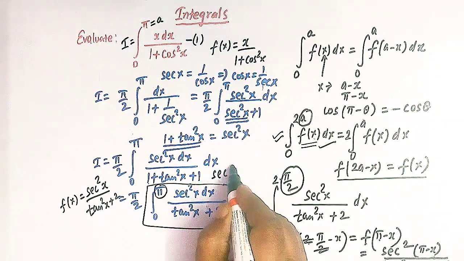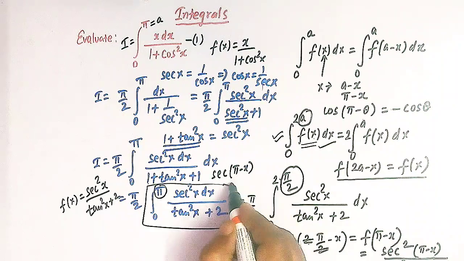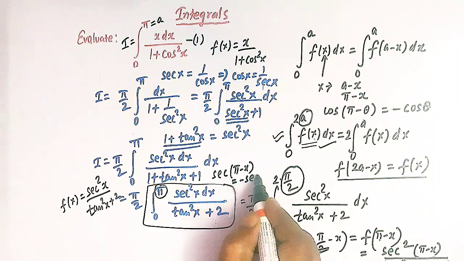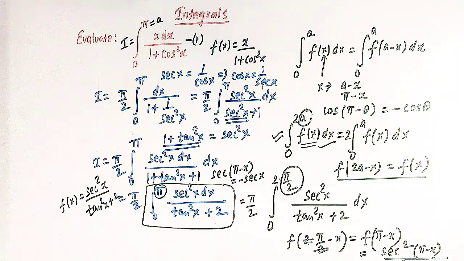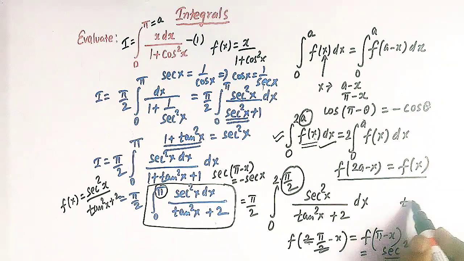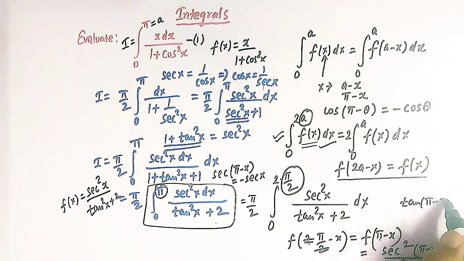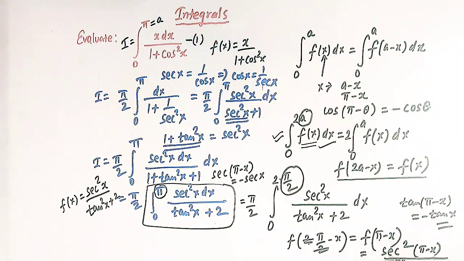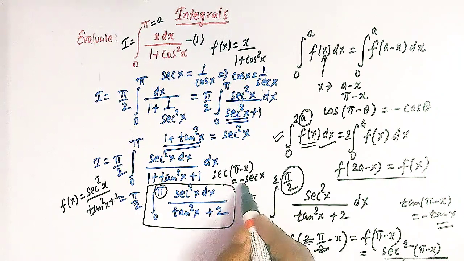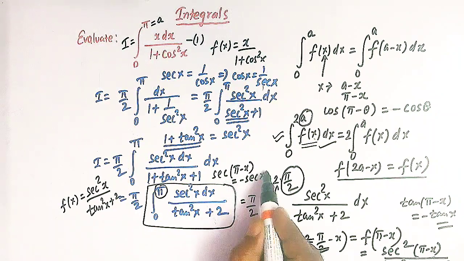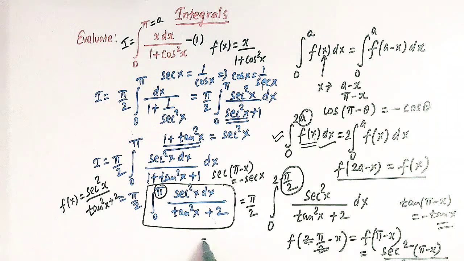Now we know that secant of pi minus x is given by negative of secant x, and similarly tan of pi minus x is given by negative of tan x. So secant square pi minus x is the square of negative secant x, and it becomes positive, so we have simply secant square x.